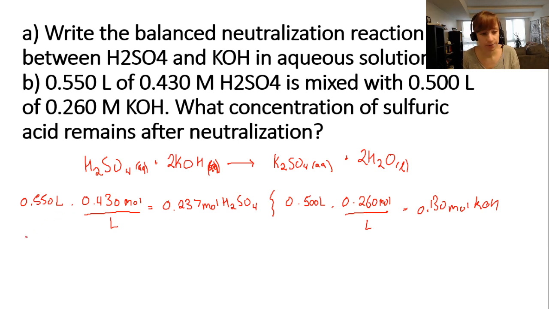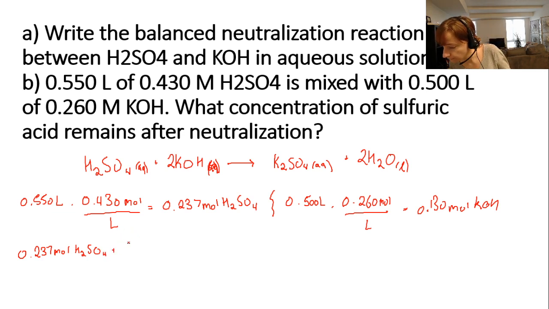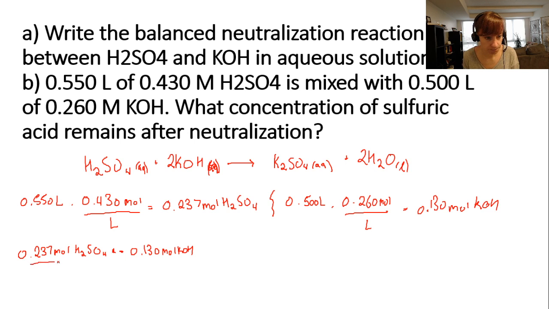So to calculate how much we have left over, we're going to subtract the moles. So 0.237 moles of H2SO4 minus 0.130 moles of KOH, and we're going to divide that by 2.